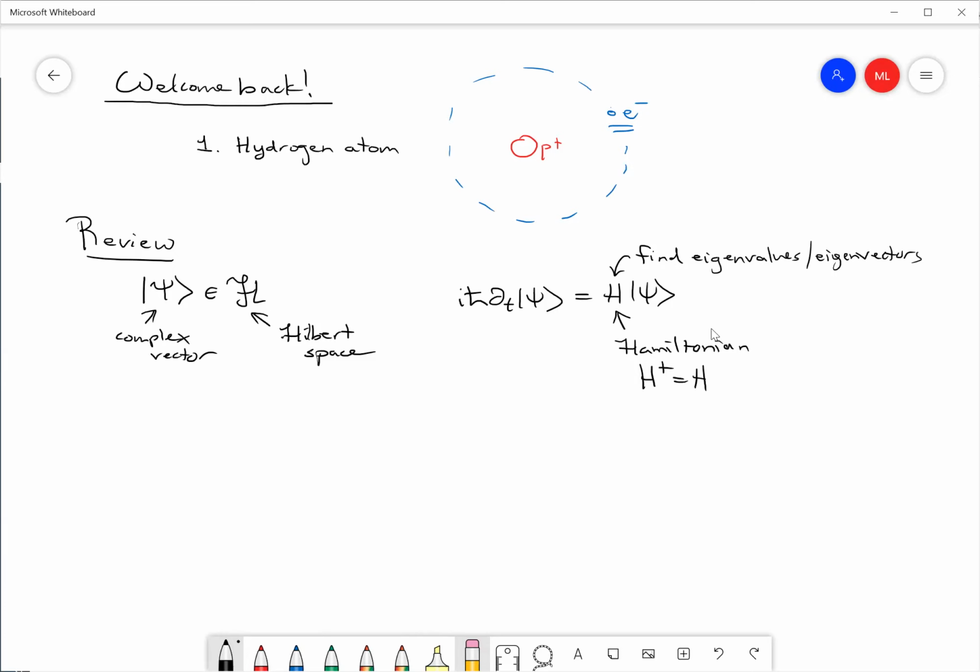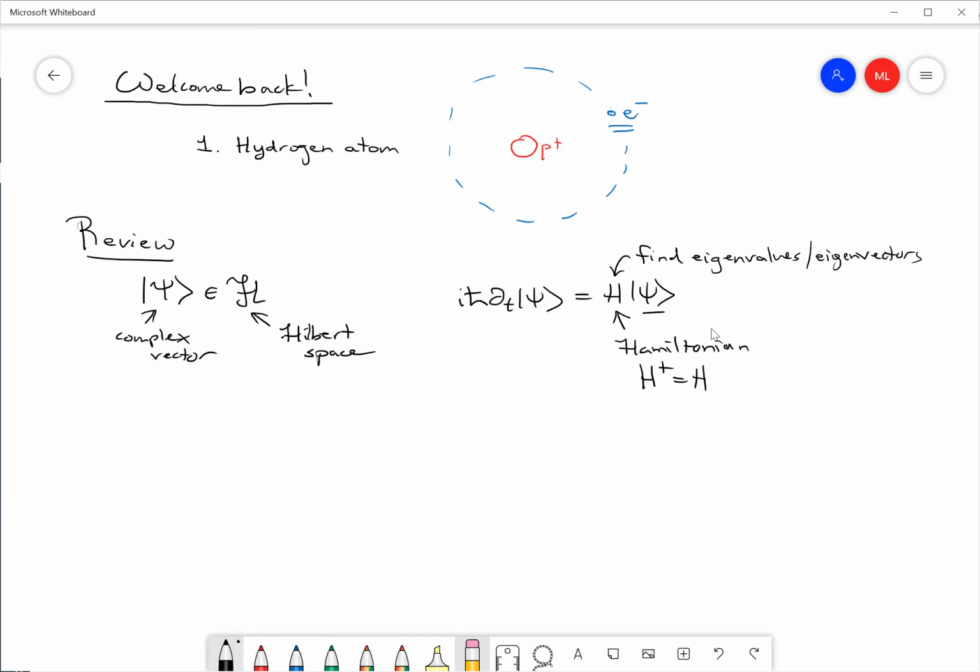Knowing those, you can decompose psi into a basis of the eigenvectors. Then it's really easy to solve this equation, because each component of your expansion would just pick up a phase based on the eigenvalue, the energy level.